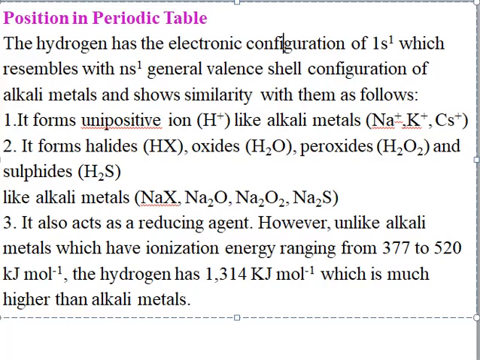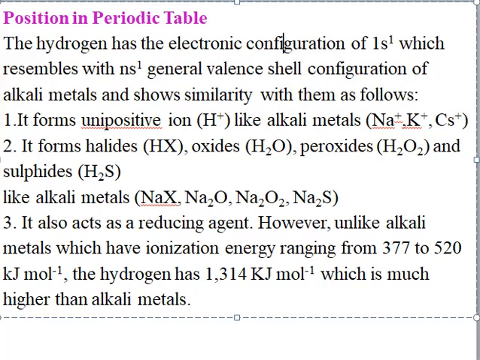Still, we have to learn about the properties of hydrogen, which has the properties of both the alkalis as well as the halogens. So first let us see how it is similar to the alkalis.